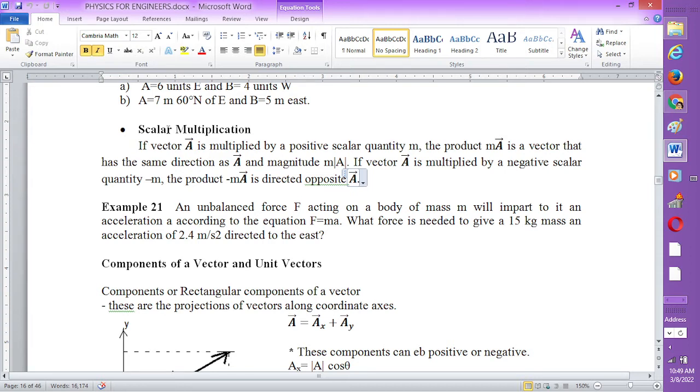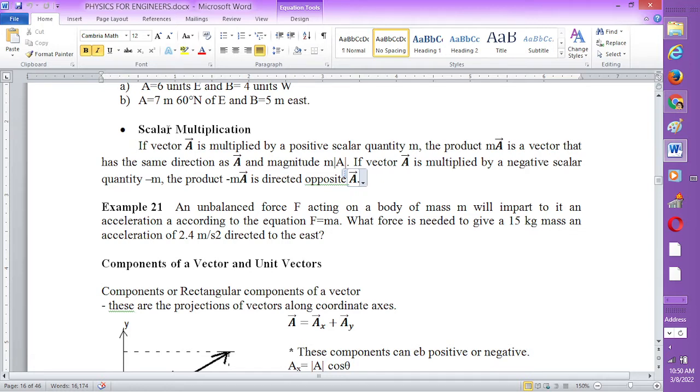Another one is when you multiply two vector quantities. When multiplying two vector quantities, there are two types, the dot product and the vector product or the cross product, which will also be discussed in this section.